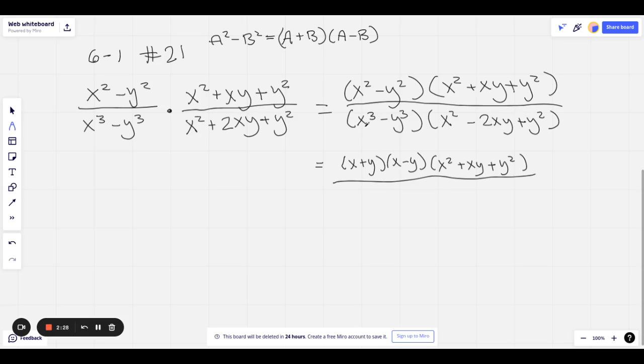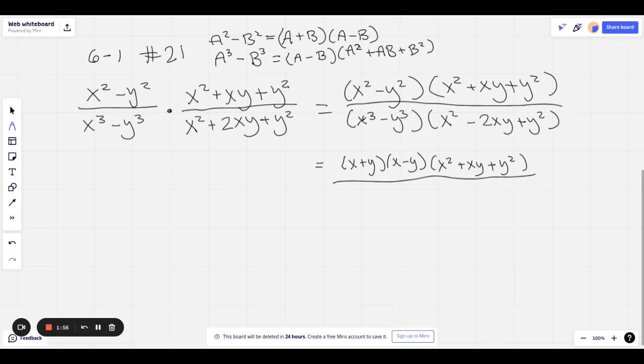All right, now I'm going to look at my denominator. x cubed minus y cubed is my first factor here, and this is a difference of cubes. So if we go back to chapter 5 at page 224, we'll see a cubed minus b cubed equals a minus b times a squared plus ab plus b squared.